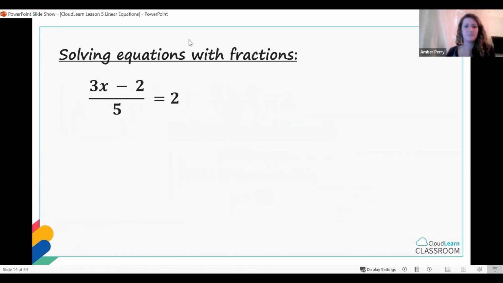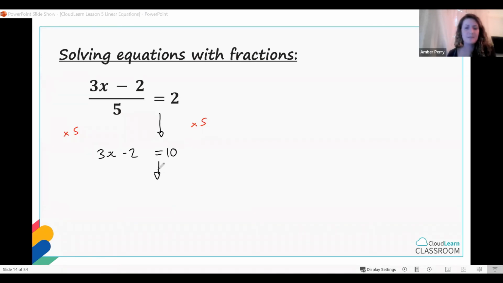Here's one. We're going to begin by multiplying both sides by 5. Multiplying this side by 5 simply gets rid of the fraction. Multiplying this side by 5, we get 2 times 5, which is 10. Okay, so 3x minus 2 equals 10.